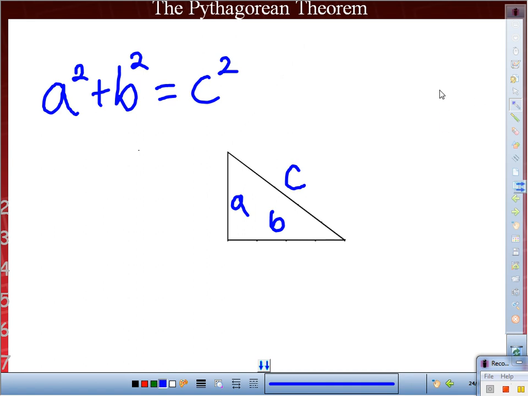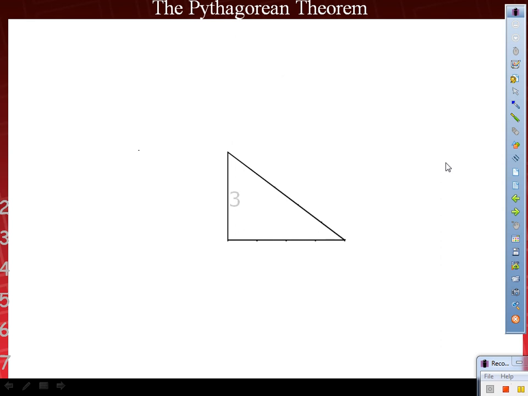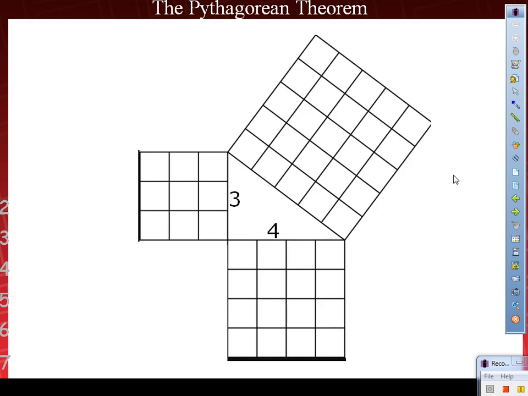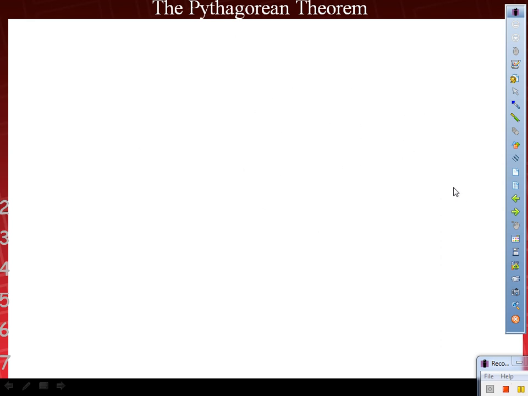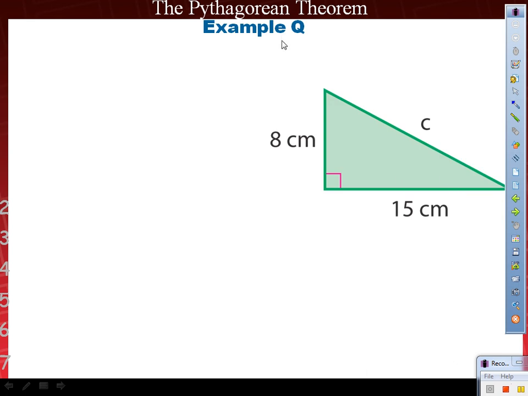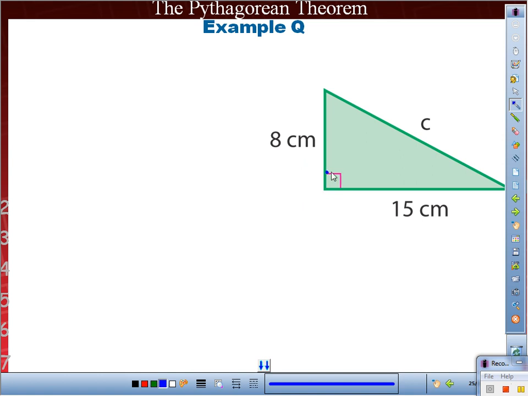So with that said, underneath your steps, I want you to copy example Q. Copy this triangle, and the legs are measured 8 centimeters, 15 centimeters, and the hypotenuse is C. The right angle's right here.